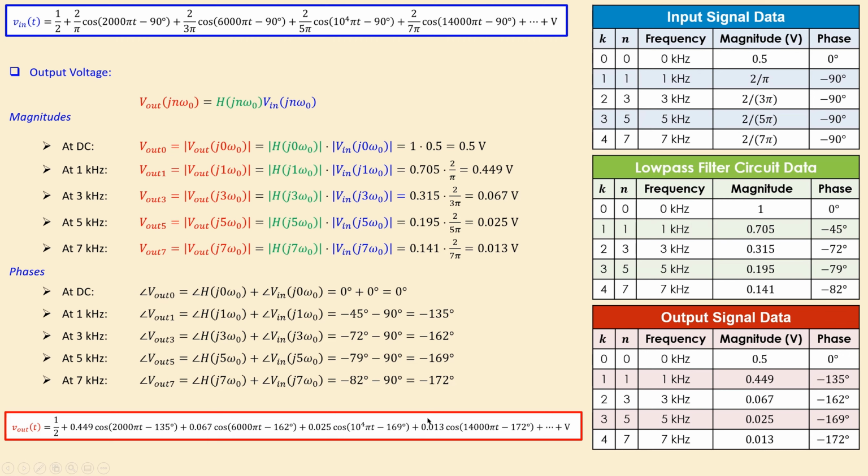And if I move on to the next one, is 0.013, which is the final one in this table, and then cosine, and I will do 7 times the fundamental, will be 14,000 pi t and minus 172 degrees, etc. Of course, this will move on, but this is actually for the DC and the first 4 harmonics. It will already give you some idea how the waveform will look like.